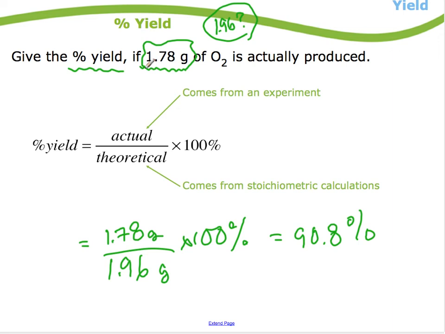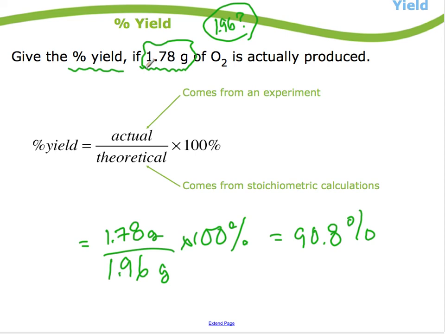If it's less than a certain amount, then we know you must have performed some calculations or procedures incorrectly because you didn't get enough yield. Unless you can account for it with sources of error, like you dumped some of it out by accident, though I don't know if that would be a good source of error, in many labs we would dock marks because your percent yield wasn't high enough.